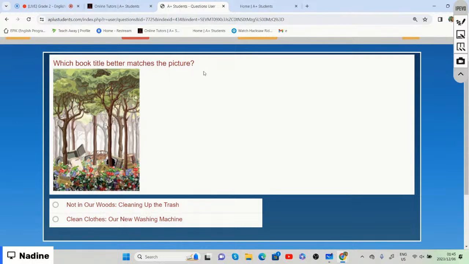So if we look at our picture, right? So if we look in the woods, then it looks like there's a lot of stuff that was basically just dumped. So which means that we're going to stick to the first one, which says Not in Our Woods Cleaning Up the Trash. Which means that the community members are going to take the action and the stand to clean on their own.